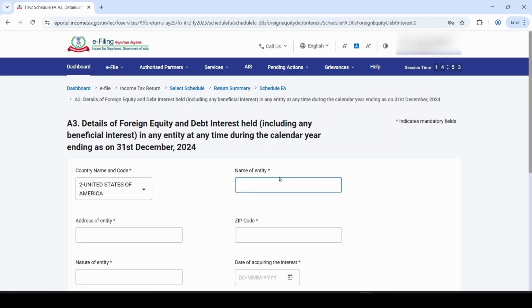Name of entity is the name of company. So in my case, it is Microsoft. Address of entity. This is the address of company. Zip code. Zip code is this. Nature of entity. So it is a company listed on US stock exchange.